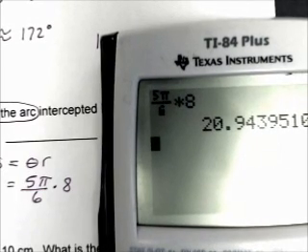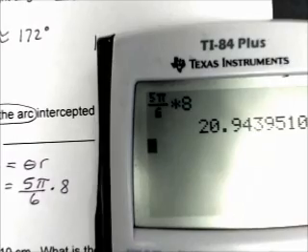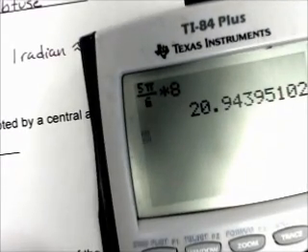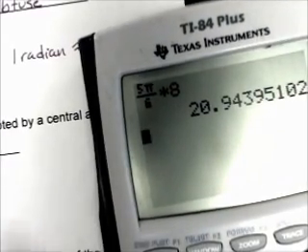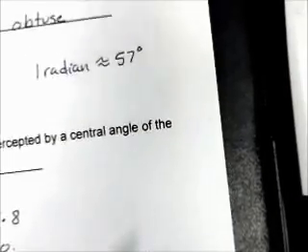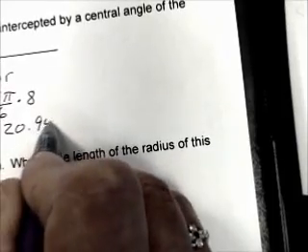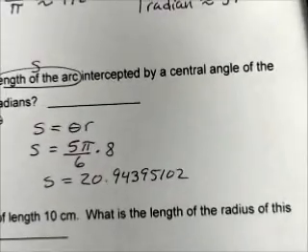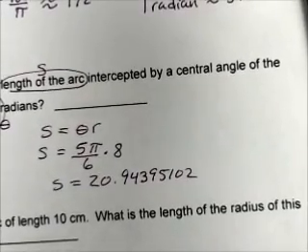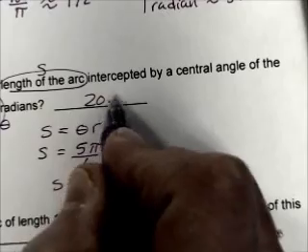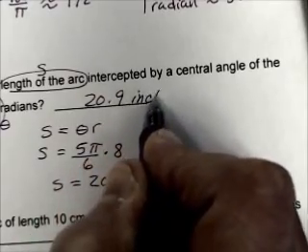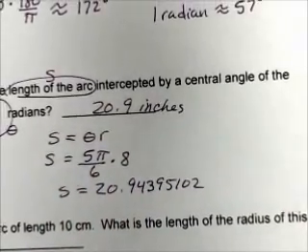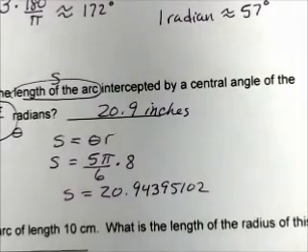So approximately 20.9. Let me write out the whole decimal. S is equal to 20.94395102. I think we'll round to the nearest tenth, so 20.9 inches. So the arc length would be approximately 20.9 inches.